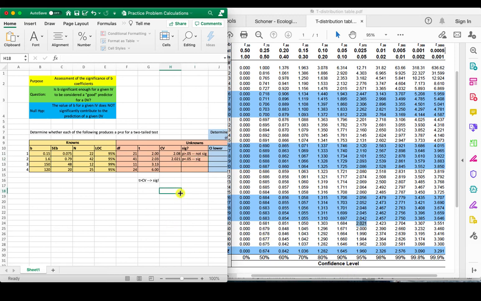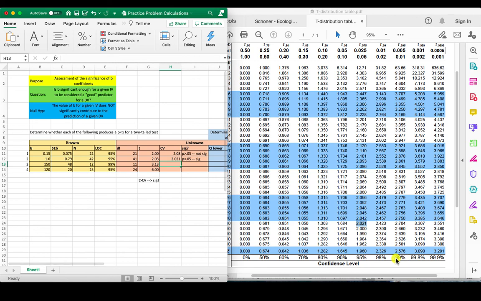Okay. Similarly, for our next example, we calculated a t-statistic of 3.13, and we need to find the critical value that would mean that we have a significance of the b coefficient, right, at 99%, with degrees of freedom of 11.